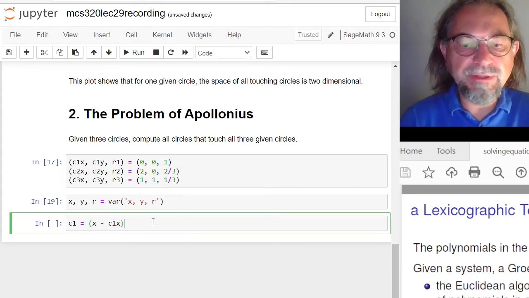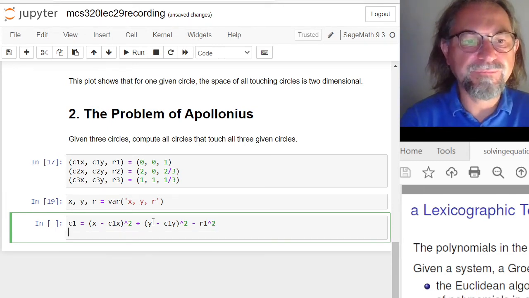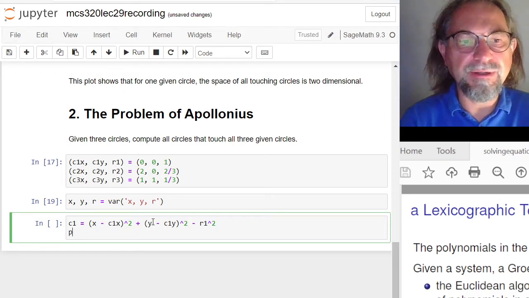The fastest way to plot a circle is with the primitives, but I want to check whether we actually know the equations for the circle, and I will use the implicit plot. So this is the equation for the first circle, and let me verify the plot.